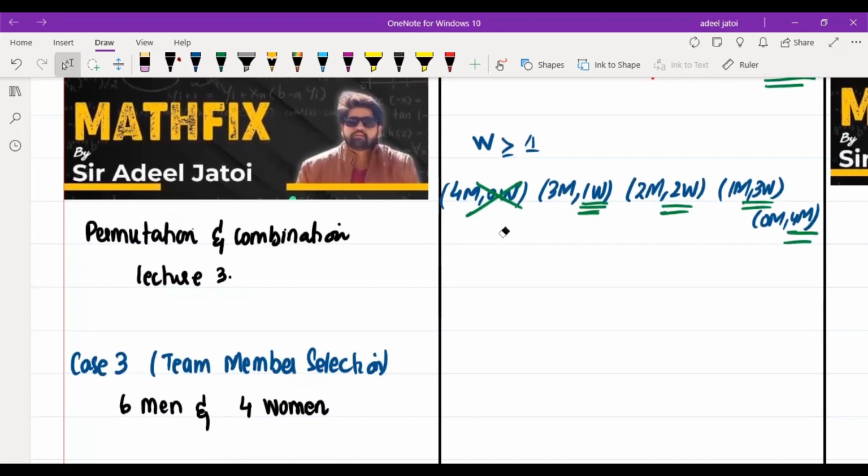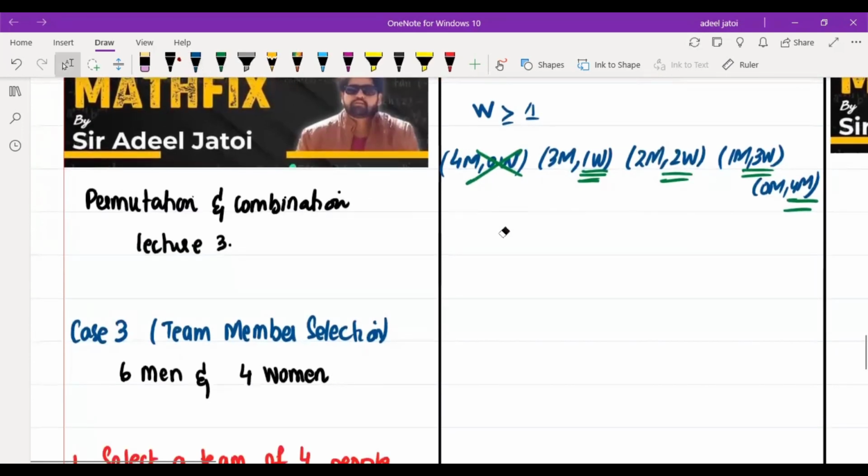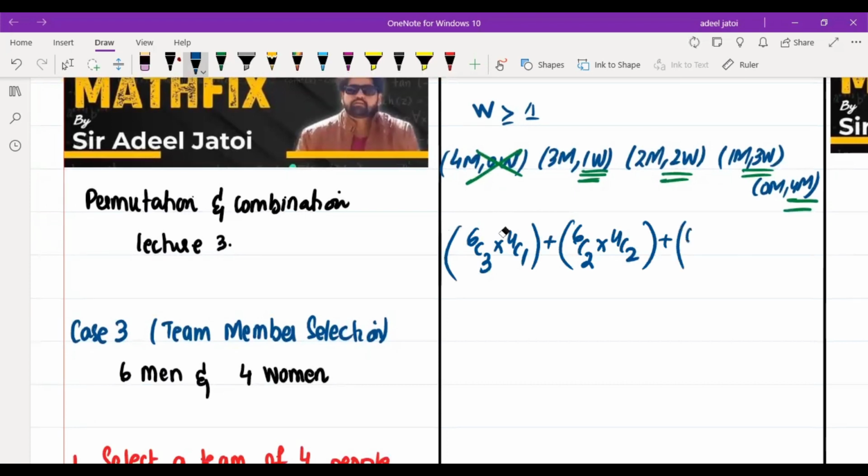So considering this, you need to understand that 3 men and 1 woman should be 6C3 into 4C1, whereas 2 men and 2 women should be 6C2 into 4C2. 1 man, 3 women should be 6C1 into 4C3 and 6C0 into 4C4.